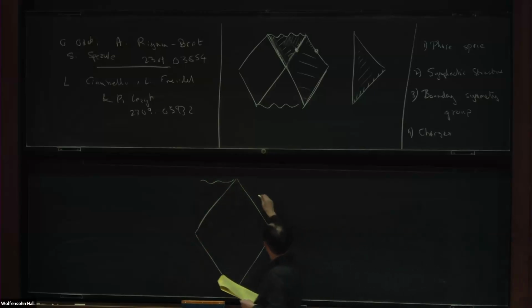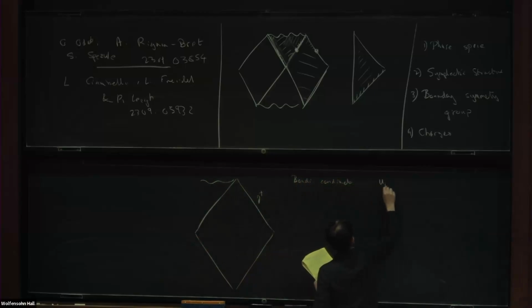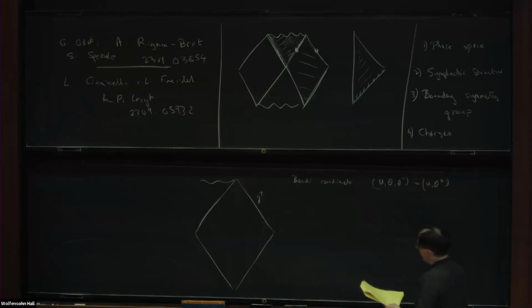And I'm going to talk a little bit about future null infinity. I'm going to use boundary coordinates u, theta 1, theta 2, theta A. And so we're interested in what the symmetries are, which means what are the diffeomorphisms that preserve all the boundary conditions I impose that are not trivial, that are not degeneracy directions.